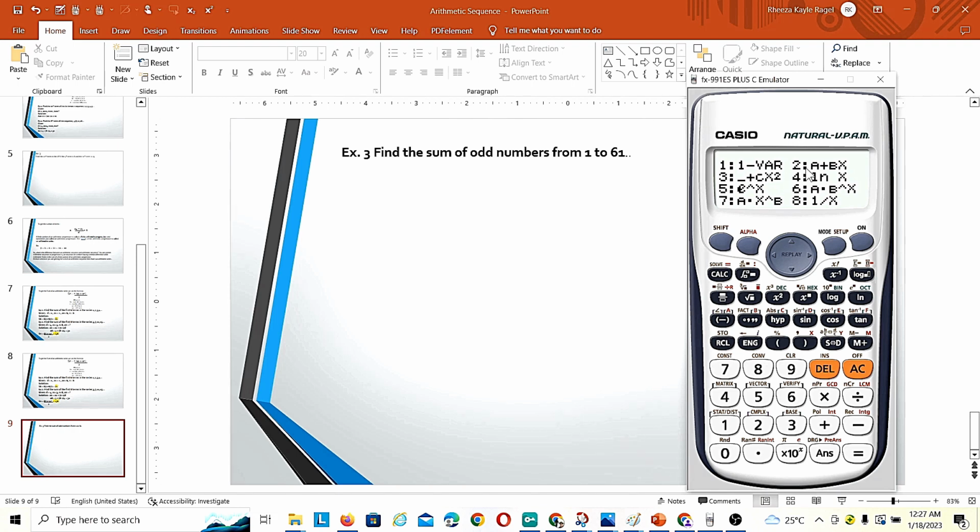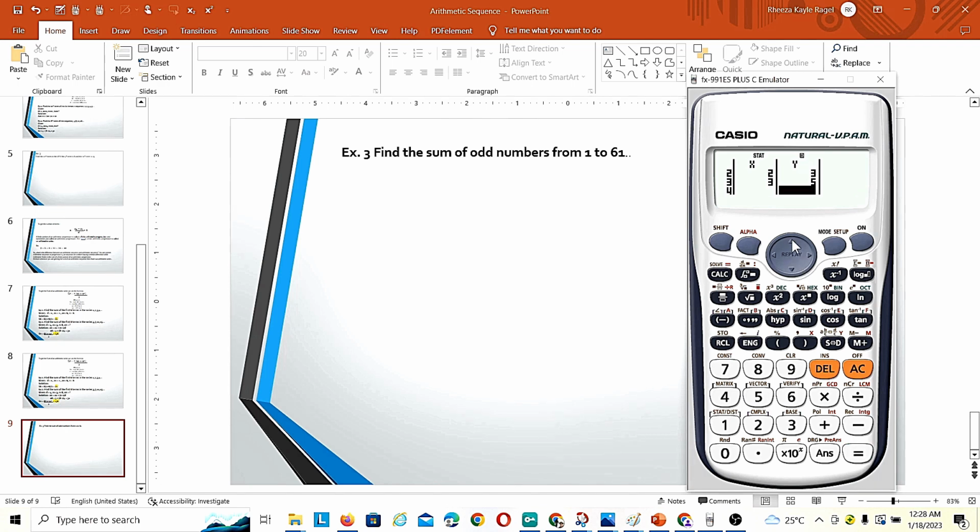Therefore, press 2. Okay, now, so we have to press here the first position, the second position, and the third position. The first position will be, of course, 1 because that's from 1. And the second position will have a value of 3 because that's odd numbers. And the third position will be 5.